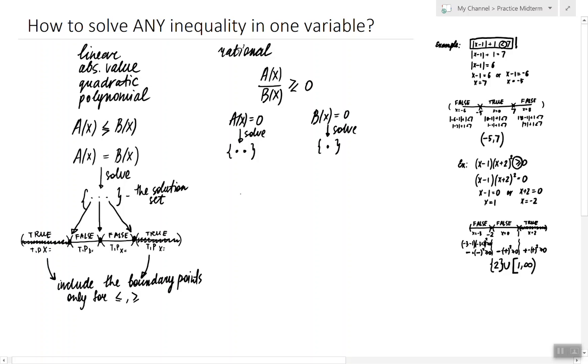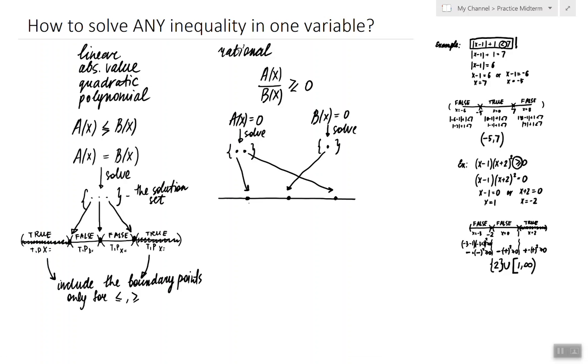So now, to solve the inequality, we combine these two solution sets. The only difference between solving rational inequalities and any other inequalities is that now we also have to include the points at which the denominator is equal to 0. That's the only difference.